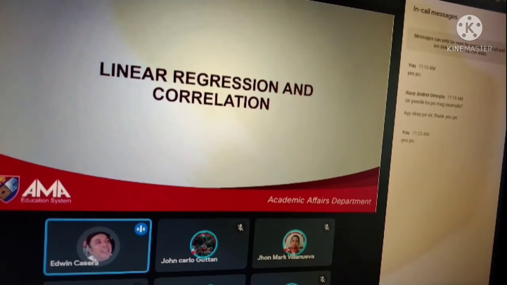Madali lang naman din. Kaya lang naman hihirapan pag in-apply nyo na sa statistics. Hindi naman tayo statistics. We are only discussing the statistical tool for us to manage our data. And those are the different statistical tools in managing our data collected. So linear regression and correlation.